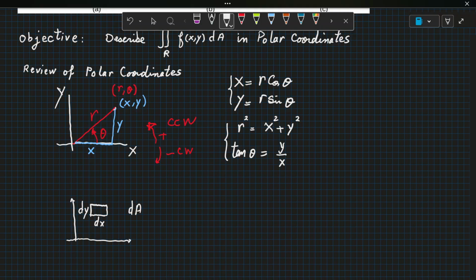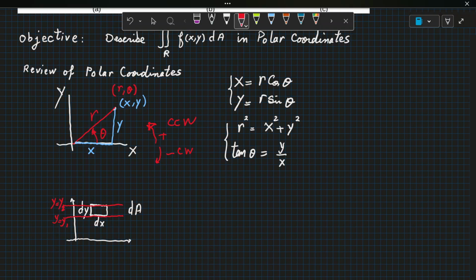However, in polar, well, before we get to polar, let's see what is so comfortable about this rectangle. This rectangle is specified by having y equal to some number at the bottom and the top. So this could be y equal to some y1, and this is y equal to some y2.